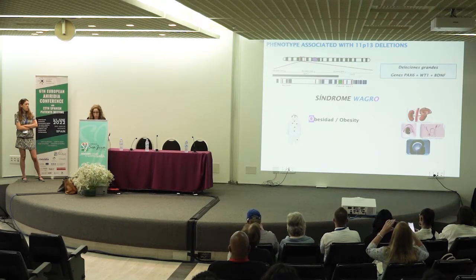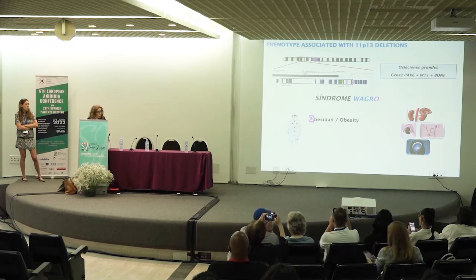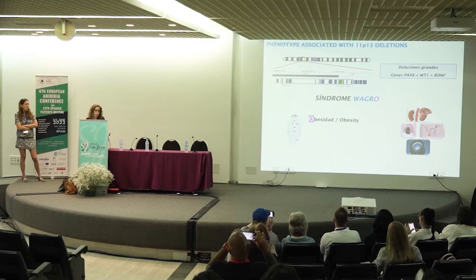But patients can also have extra large deletions that involve the BDNF gene. In this case, the patients can develop early onset obesity, and this is a variety of WAGR syndrome called WAGRO syndrome.